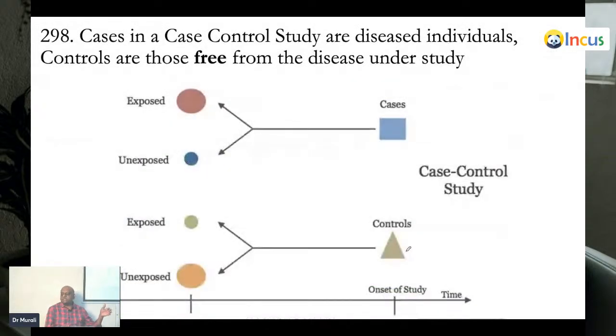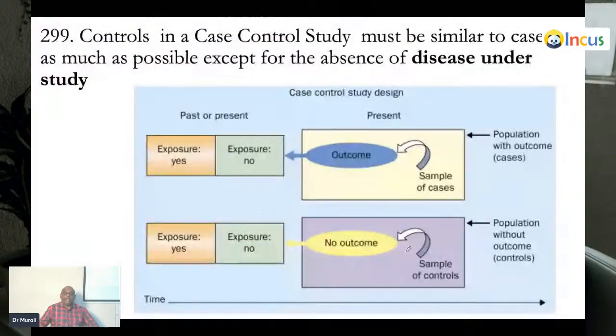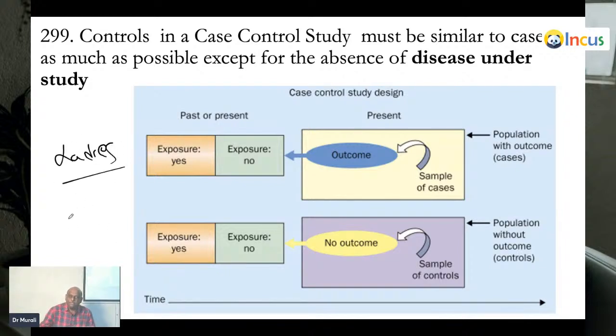So cases in a case control study are the ones who have the disease. Controls are the people who are free from the disease, as all of you know very well. And the controls and cases should be similar in all other things. Suddenly you cannot bring ladies in Netherlands and compare them with men in Tamil Nadu.